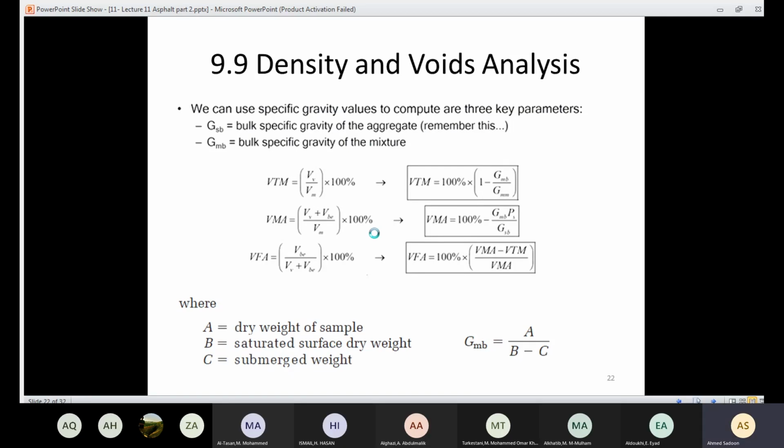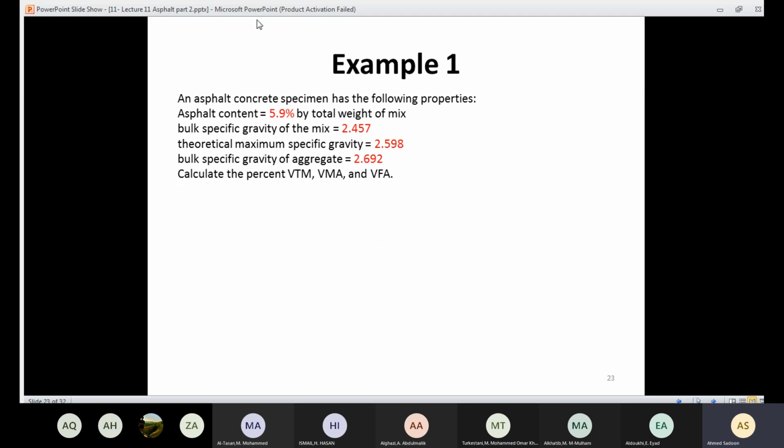So let's see this example here. In example number 1, we have an asphalt concrete specimen that has been produced with the following properties. First, the asphalt content that has been used to produce this asphalt concrete is 5.9% by the total weight of the mix.